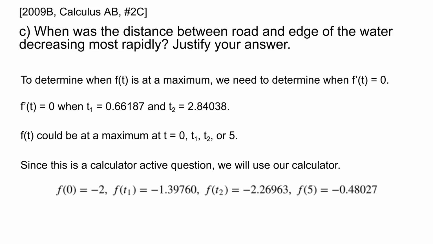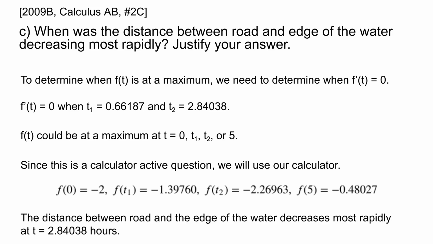F of t1 is -1.39760. F of t2 is -2.26963. And f of 5 is -0.48027. So based on these calculations, the distance between the road and the edge of the water was decreasing most rapidly at t equals 2.84038 hours.